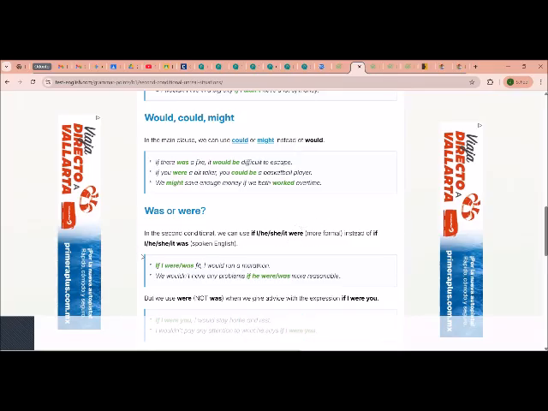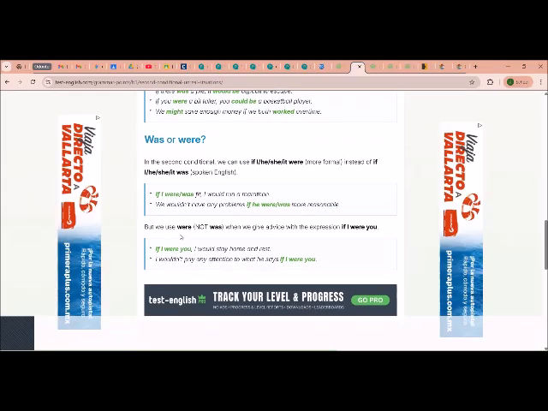And of course, were is not necessarily was, particularly if you're giving advice. If I were you, that's advice. So generally go for were for all of your cases if it's advice. Generally, we use was for he, she, and it.